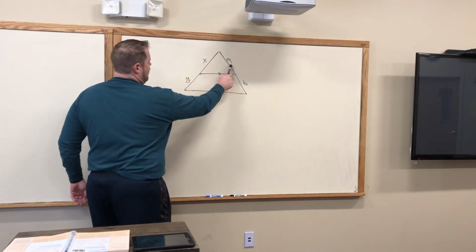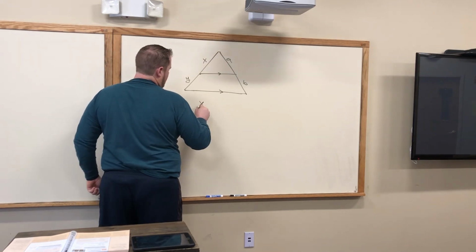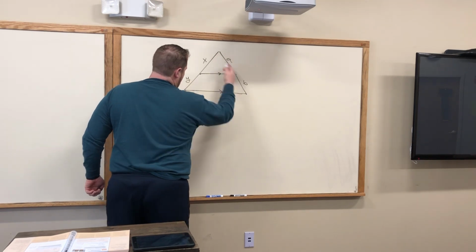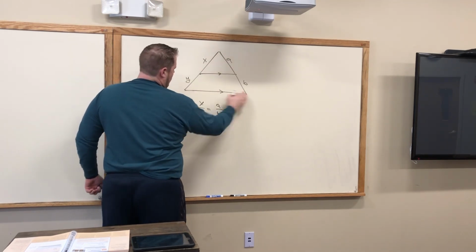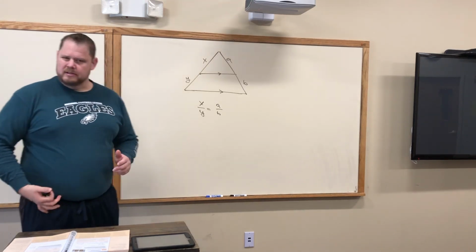And these are proportional. So if I was going to set up an equation, it would be x over y equals a over b, because the x and the a and the y and the b are proportional parts. Does that make sense to everybody?